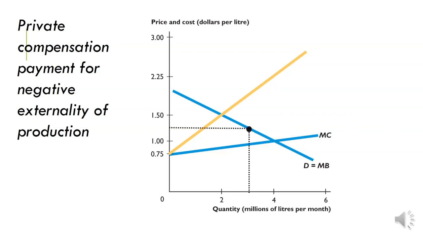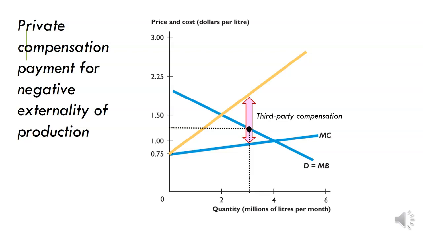All right, how about we produce at 3 million? And the owners of the land or the forest or the river or the air say, all right, we're experiencing a negative externality of this much now, so you have to pay us this much. And would the owners accept that?